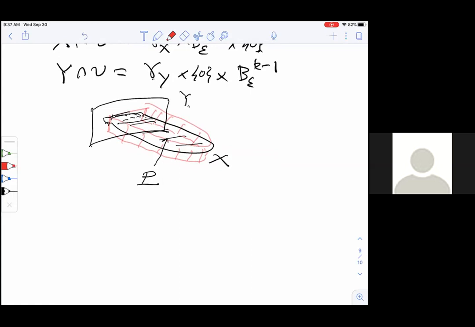The first thing I need is an isotopy of gamma x, or A, switching back and forth between the two notations, inside P.